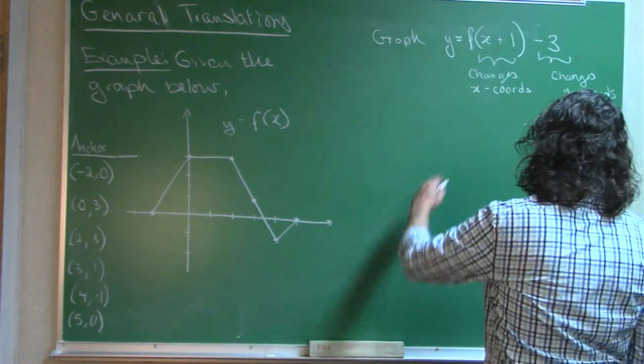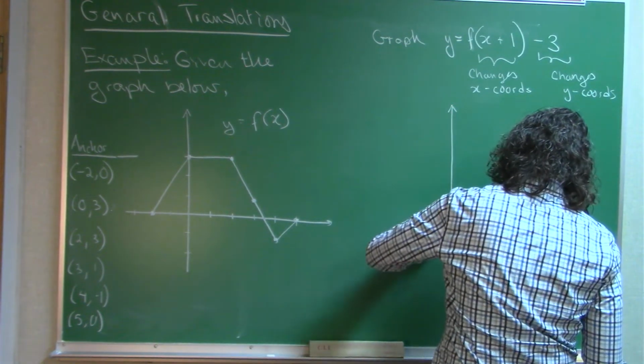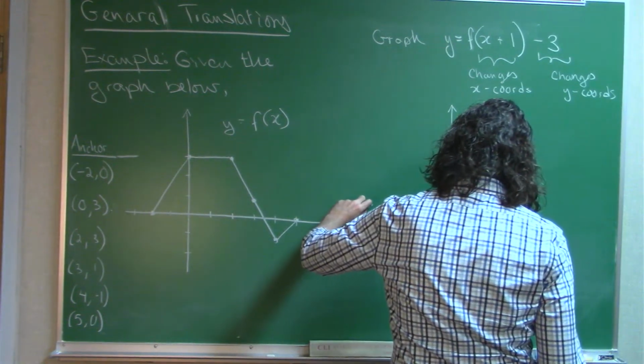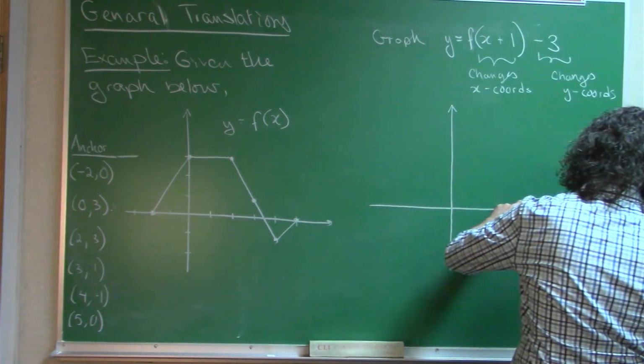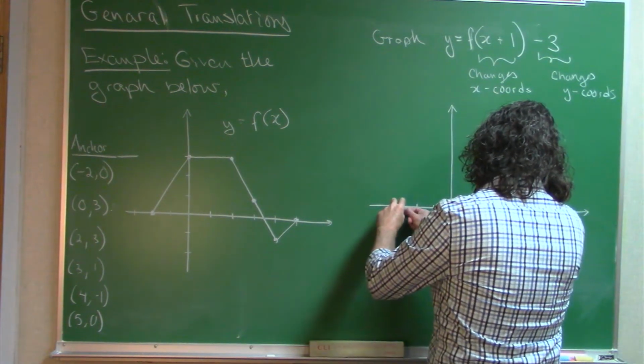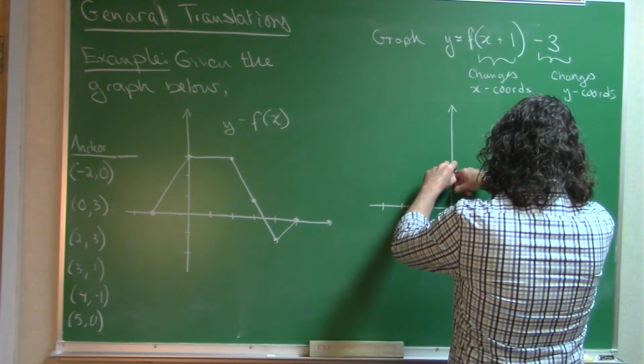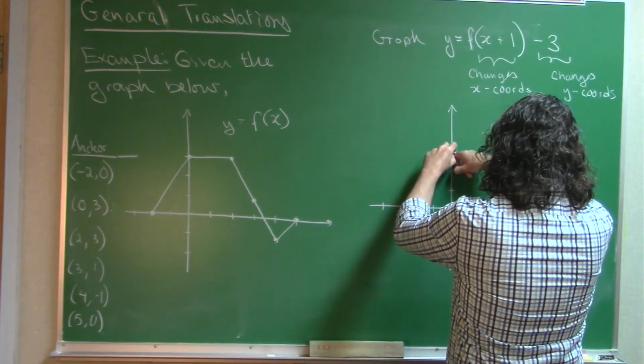Okay, so let's go ahead and get to work on our new graph. So I'm going to draw myself a nice grid. Be very careful to draw things nice and accurate.